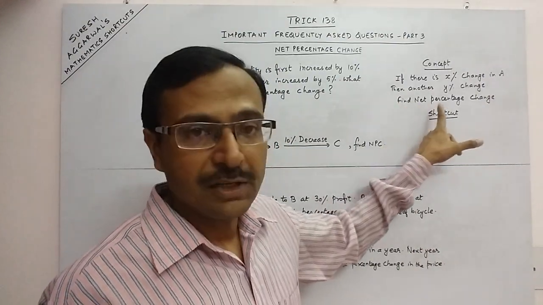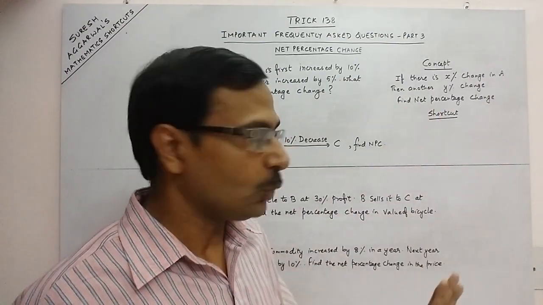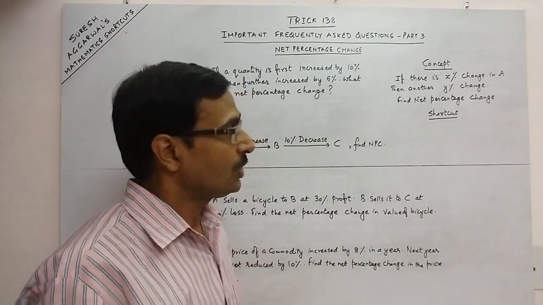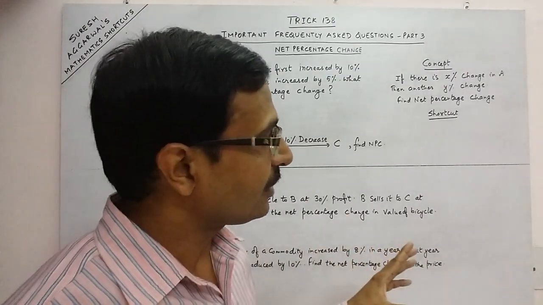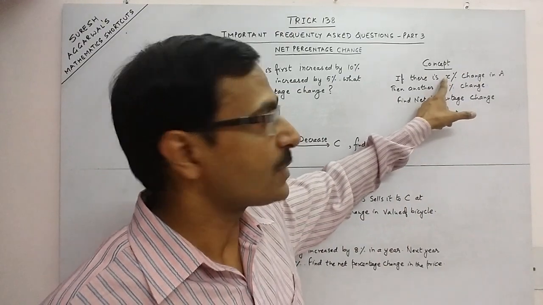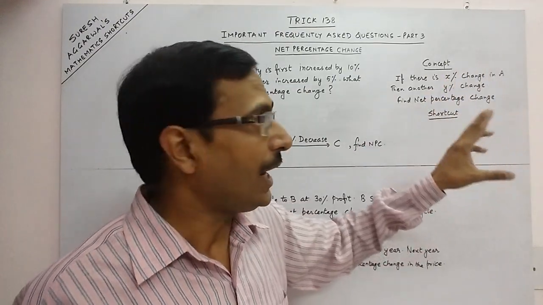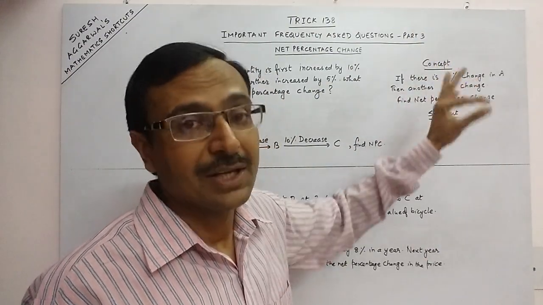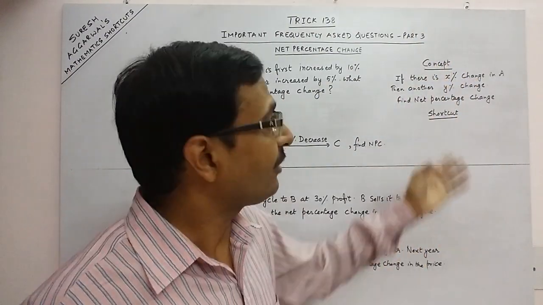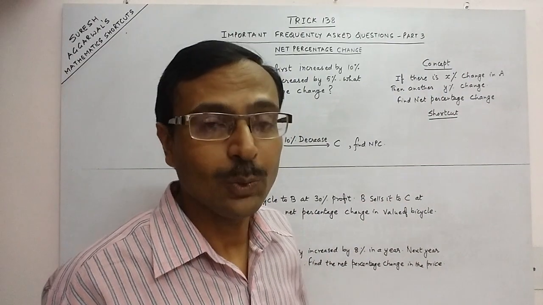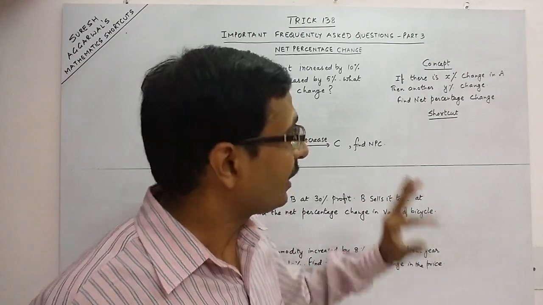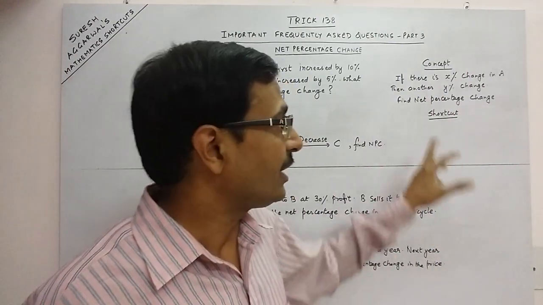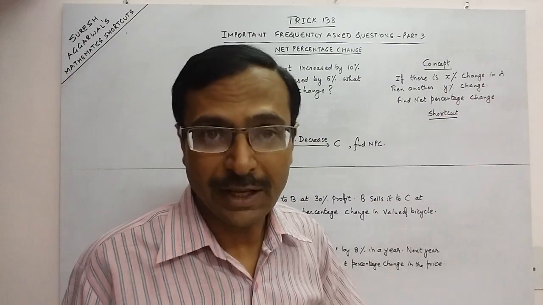We have to find the net percentage change in the value. If you apply the traditional method, then you have to first assume the value, then find the X%, then get the new value, then find Y% of the new value and then add or subtract, and then again for finding the net percentage change you need to apply another formula.